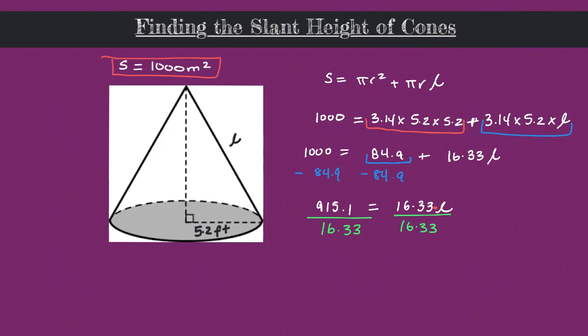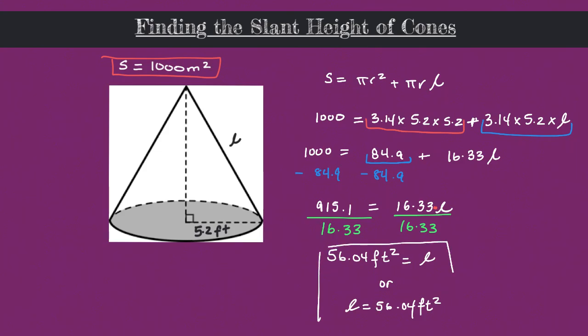So here we are, 915.1 divided by 16.33 is going to be 56.04. And our unit is square feet, and that is our L. Or it can be written as L is equal to 56.04 square feet. Both of these answers are acceptable.